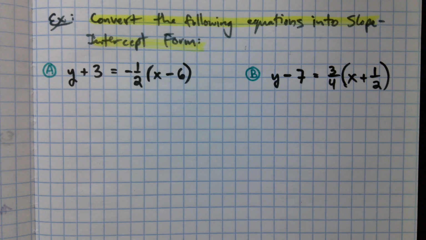What is 3/4 times 1/2? If you're adding fractions, you need a common denominator, not when you're multiplying fractions. When you're multiplying fractions, you just multiply across the top, multiply across the bottom.